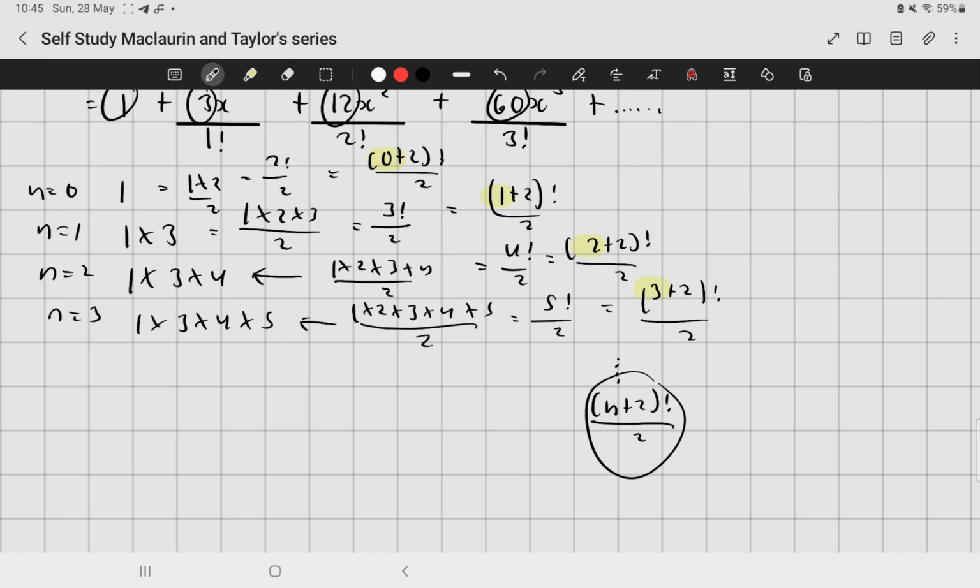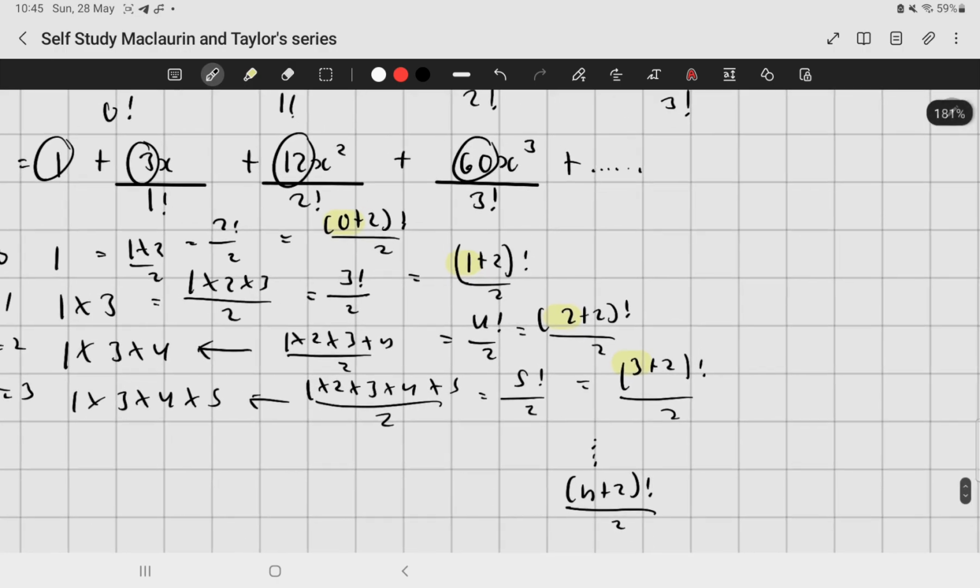And how are we supposed to express this as a series, an infinite series? Okay, now this is for the coefficients, and now for x.